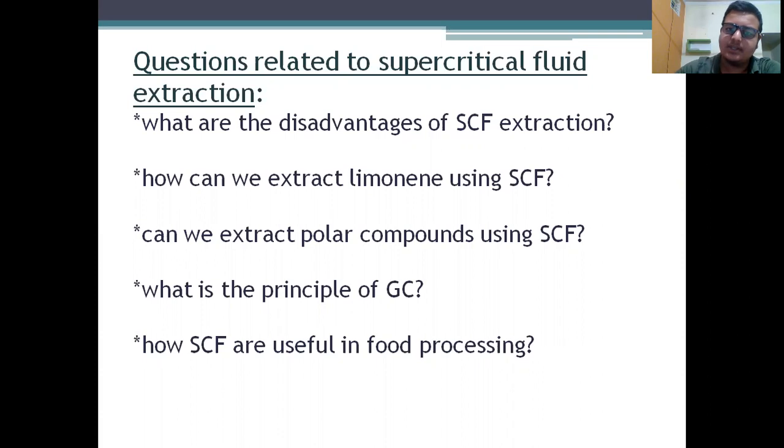So at last, the supercritical fluids have a wide range of applications, but do supercritical fluids have application in our day-to-day life? The answer is yes. The supercritical fluids are used widely in our day-to-day life. The supercritical carbon dioxide is used in many coffee shops or coffee bars.